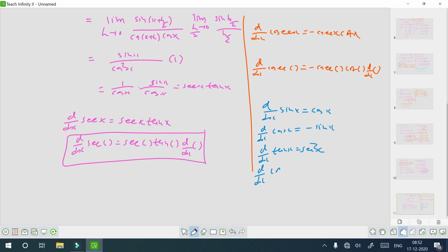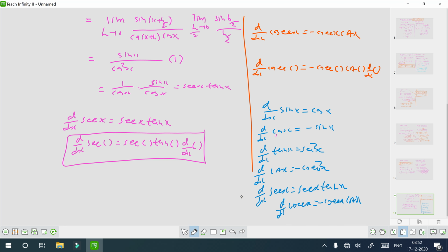D by dx of cot x is equal to minus cosec square x. D by dx of sec x is equal to sec x into tan x. D by dx of cosec x is equal to minus cosec x into cot x. Clear?